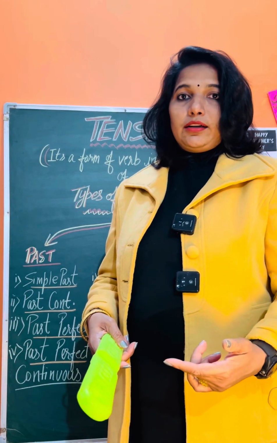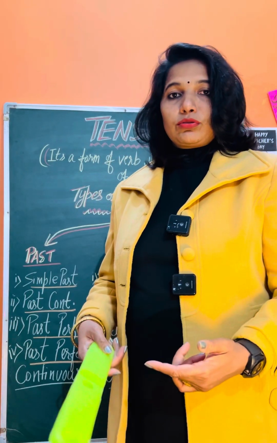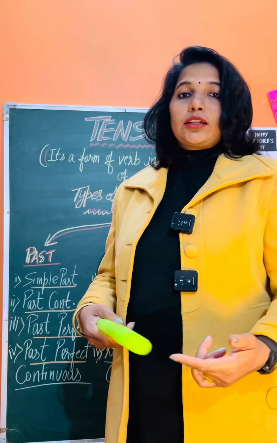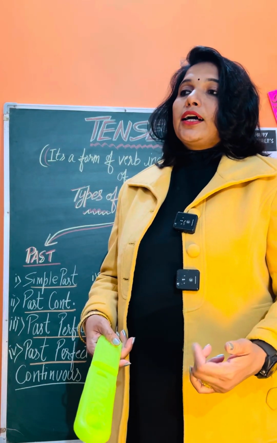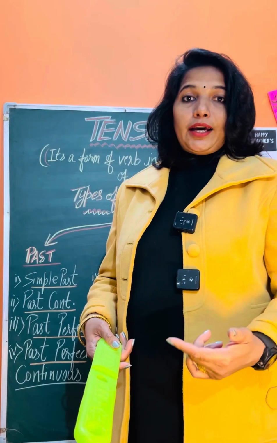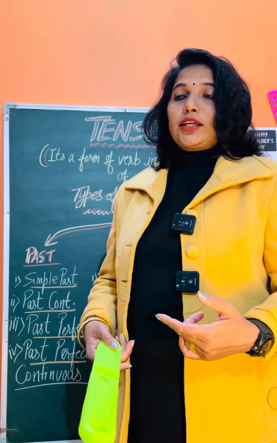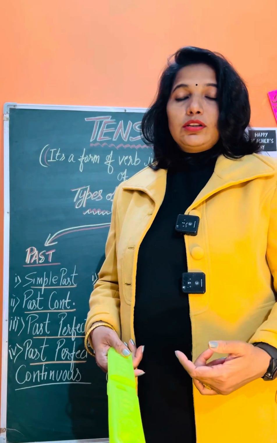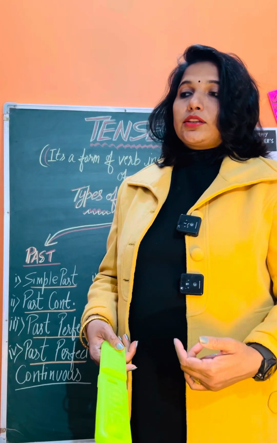I wake up early in the morning, right? So it also shows habit. So that's why it comes in the simple present. So s or es is required plus the verb's first form, right? He teaches mathematics, and they study in school.